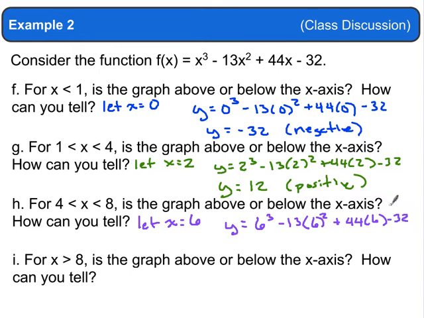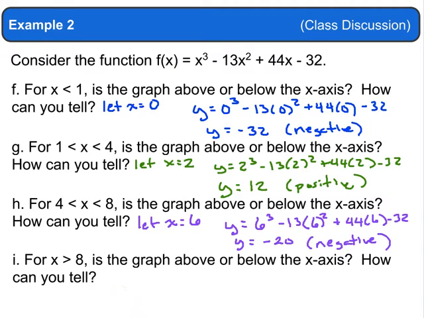So again, go to a calculator. You do 6 to the third power minus 13 times 6 squared, which is 36, plus 44 times 6 minus 32, and we're going to get y equals negative 20. So again, we get a negative value.